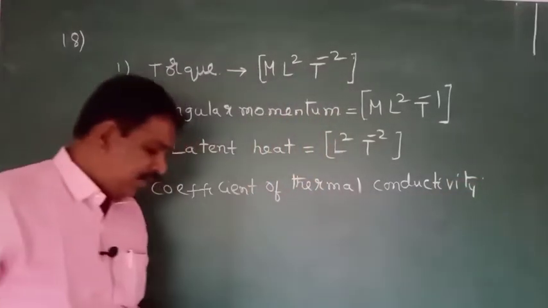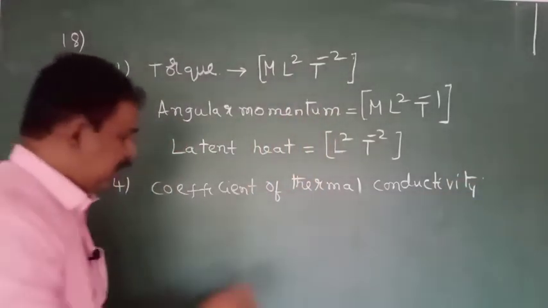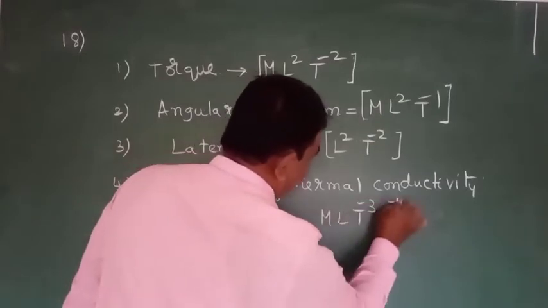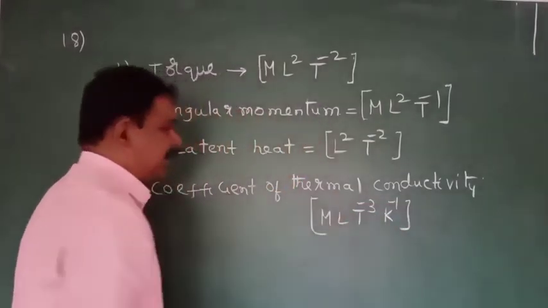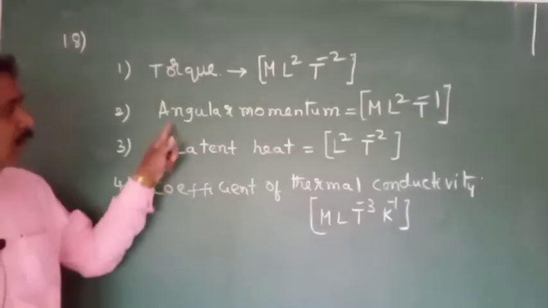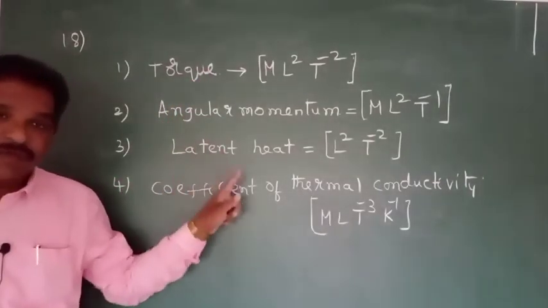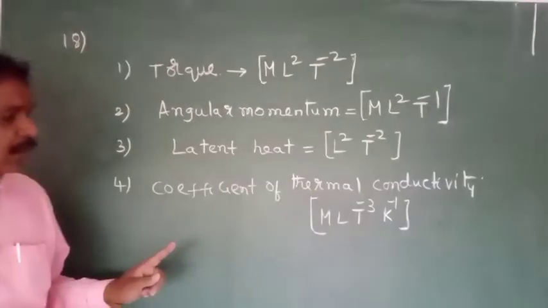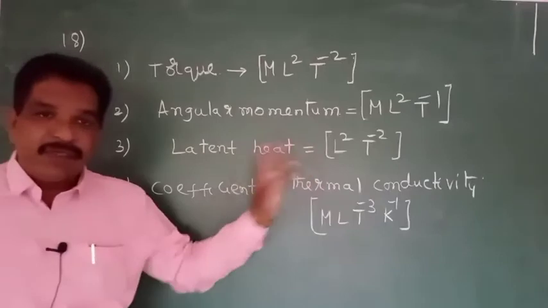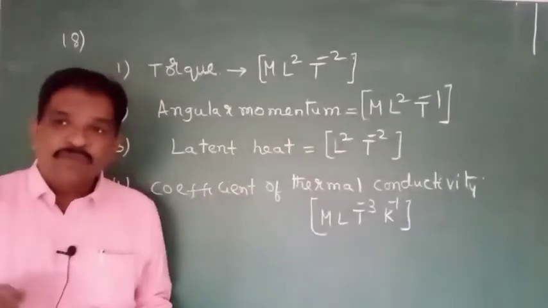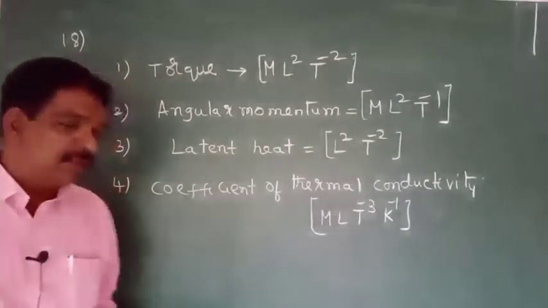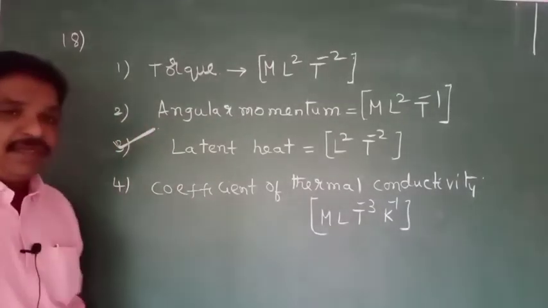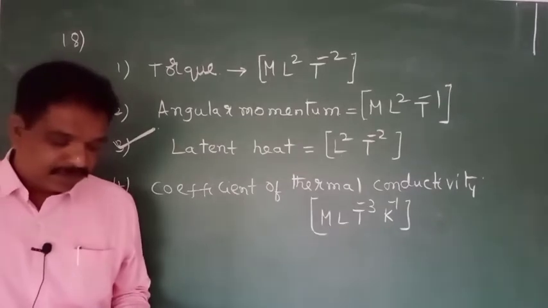Its dimensional formula will be M L T power minus 3 K power minus 1. So among these, one quantity has the dimensional formula L square T power minus 2. What is that quantity? That is the question. So this is the answer: latent heat will be the answer for that.